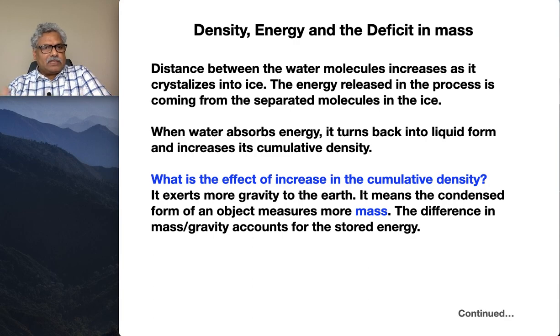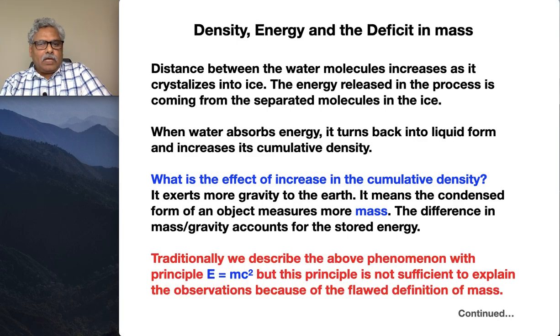So the difference in that mass or gravity accounts for the stored energy. That is what traditionally we describe the above phenomenon with, the principle of E equals mc squared.